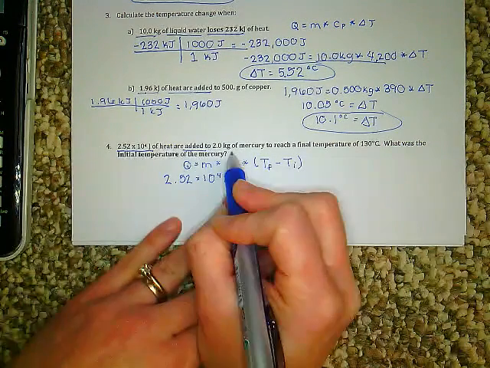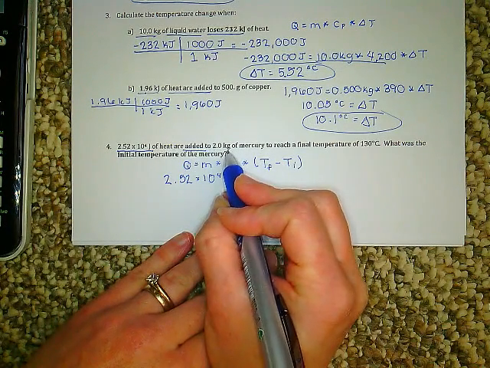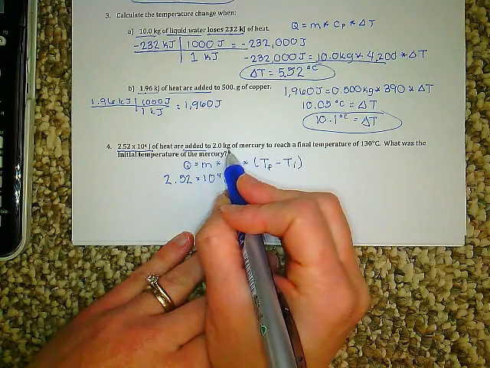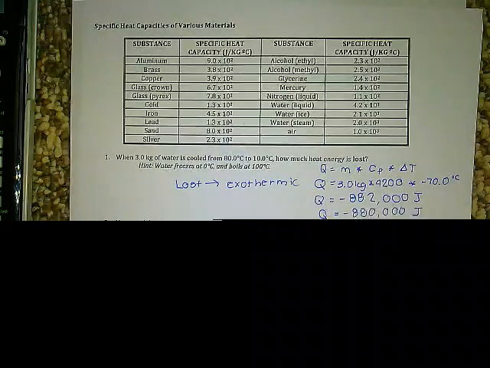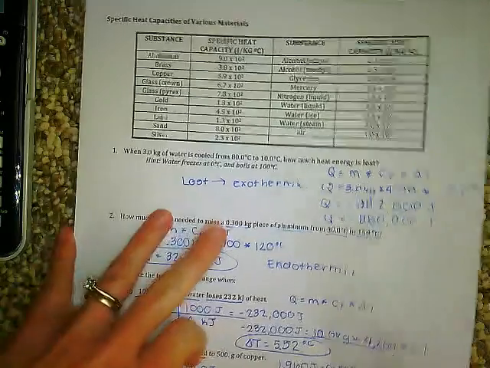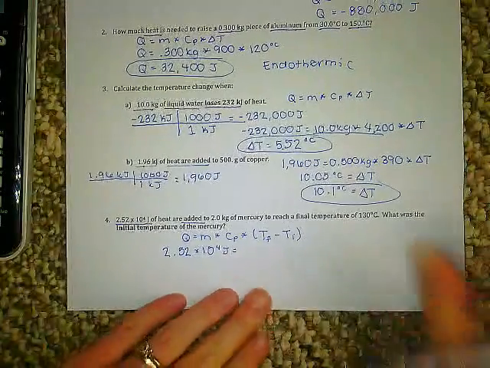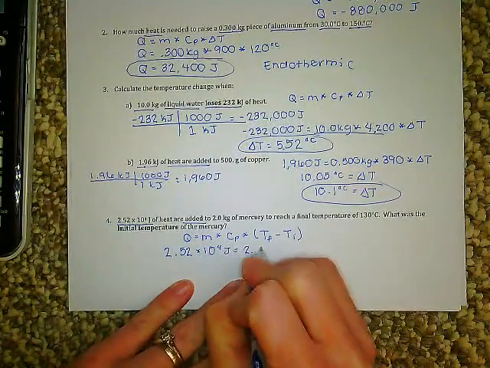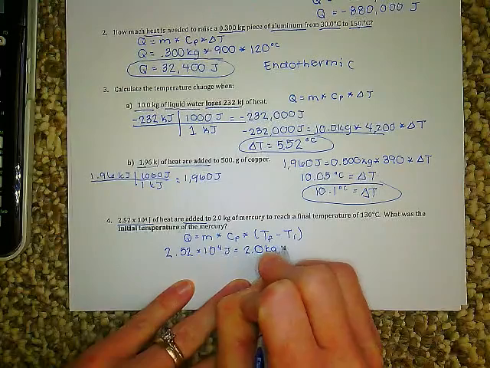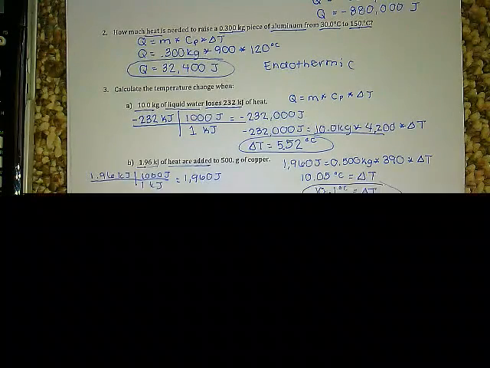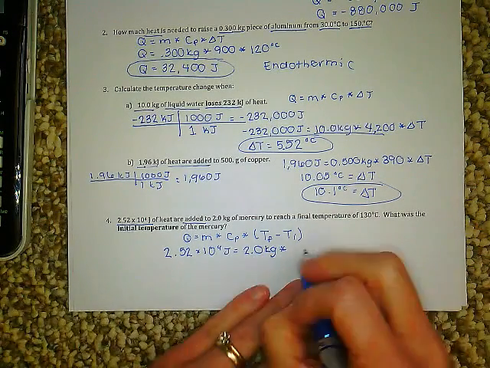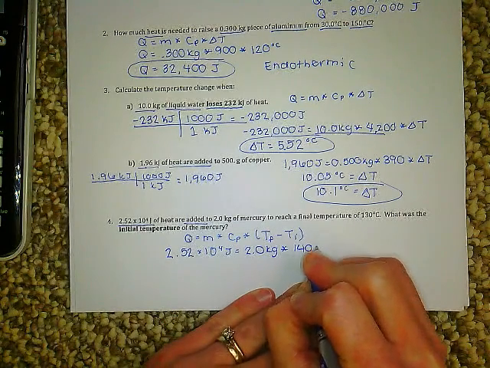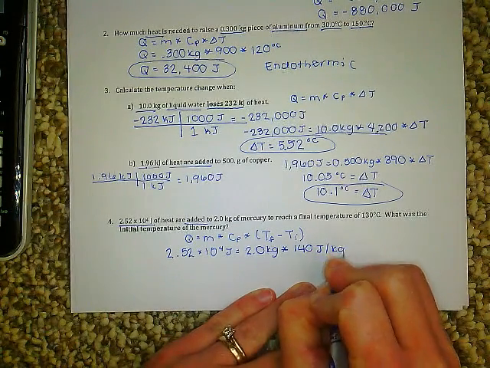2.52 times 10 to the 4th joules equals, the mass here is 2 kilograms of mercury. I'm going to leave that as kilograms because, again, the specific heat values that are given to us up here in the table have kilograms. So I don't need to change that. So we've got 2.0 kilograms times the specific heat of mercury, according to the table, is 140.